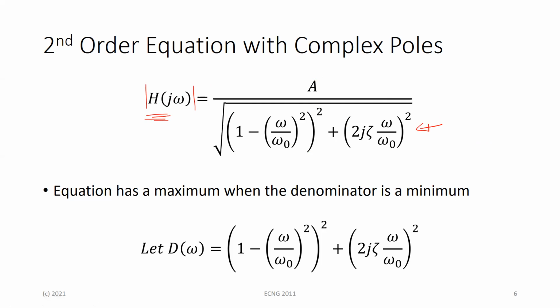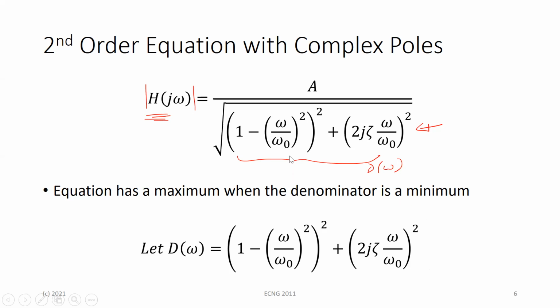So let's call this bit inside here D of omega. It's been square rooted, but it doesn't really matter, because whether it's a minimum or not, once you square root it, it doesn't change where the minimum is.